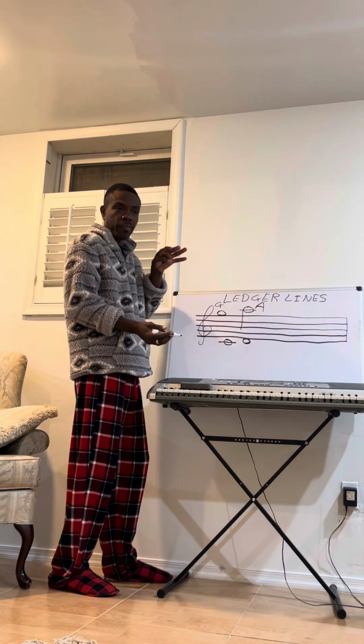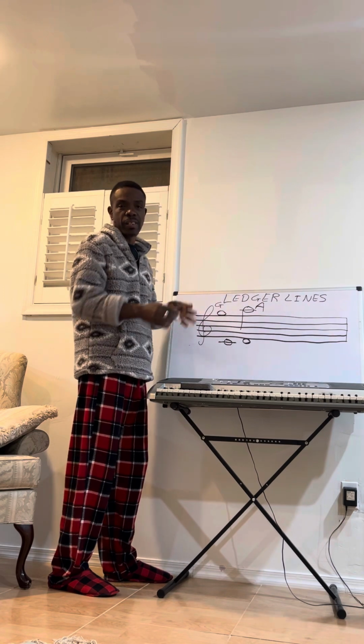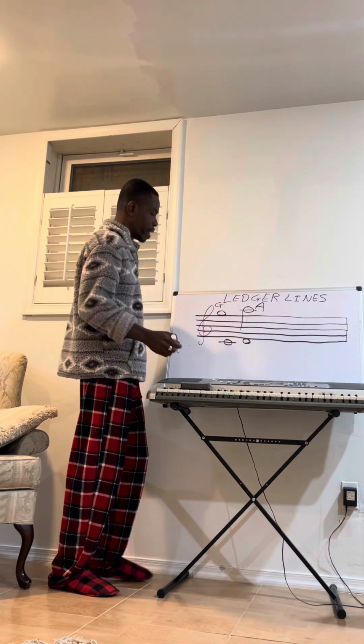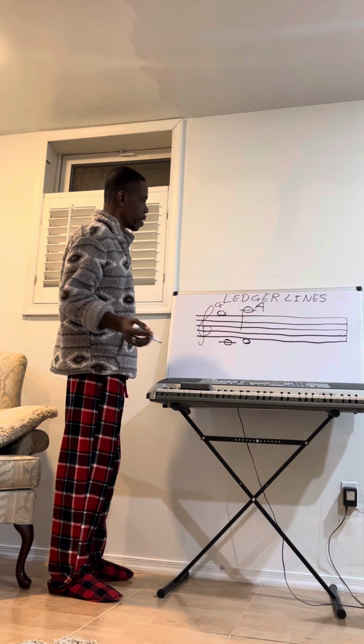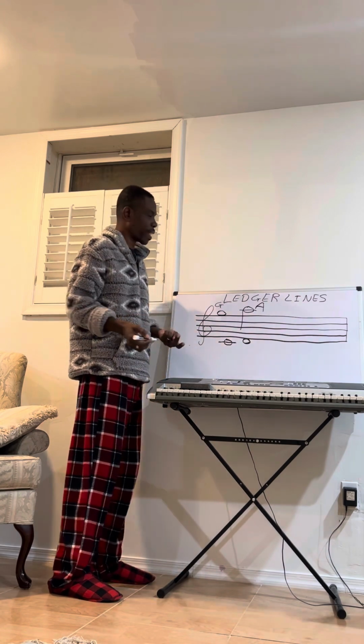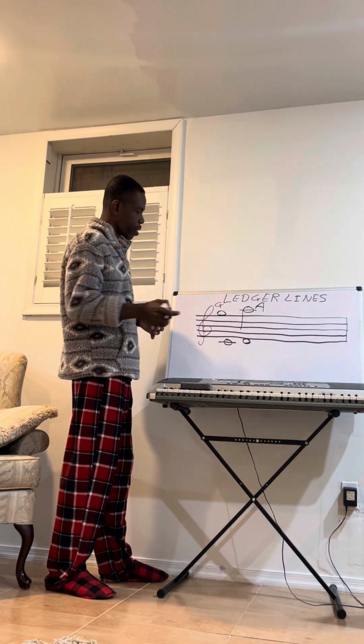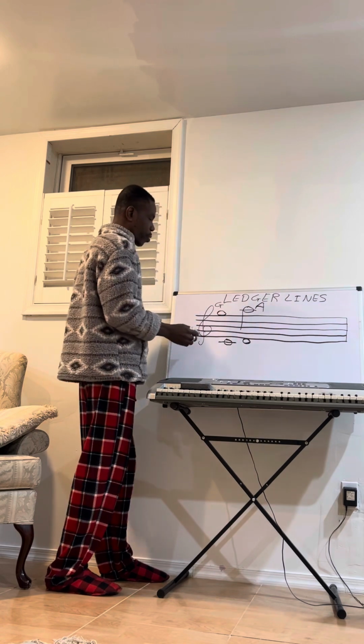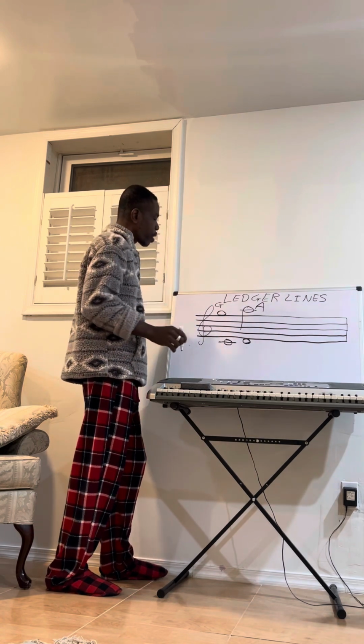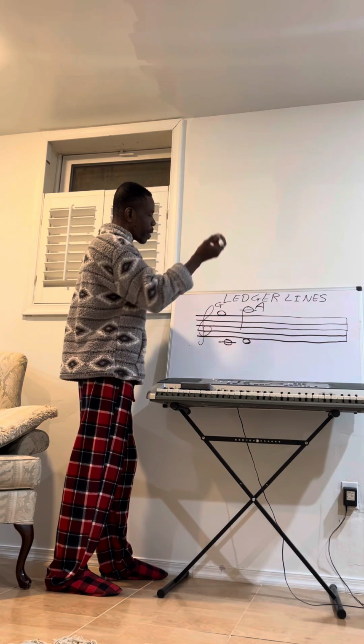A to A is an octave, B to B is an octave, higher or lower. We'll come back to that. So the stem goes down an octave or up an octave.